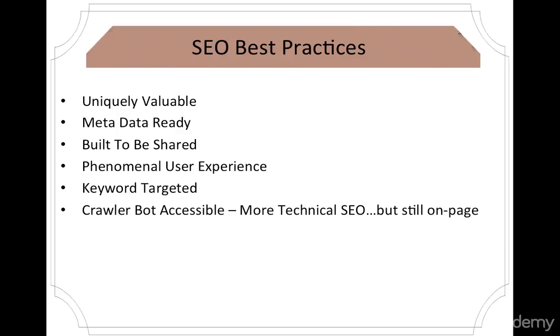Secondly, metadata ready. So many of you out there have probably heard of meta descriptions. Those are the descriptions that show up when you perform a search in Google and you see the title, but then you see that text underneath the title. That's what we call the meta description. You want to be metadata ready. You want to have a nice 100 to 160 character sentence or sentences in that area that is keyword centric.